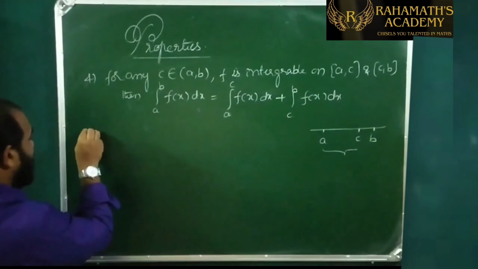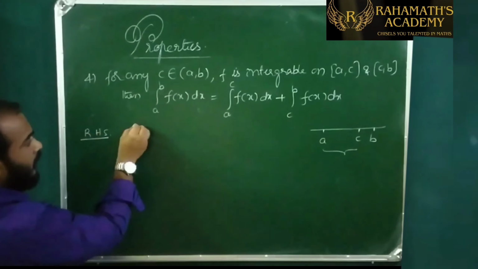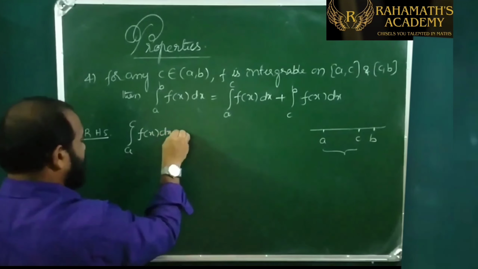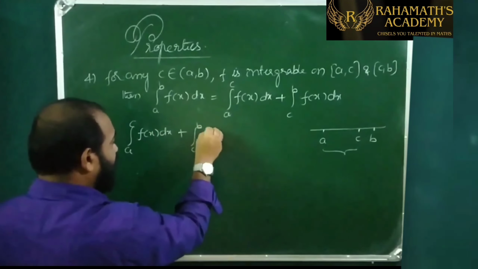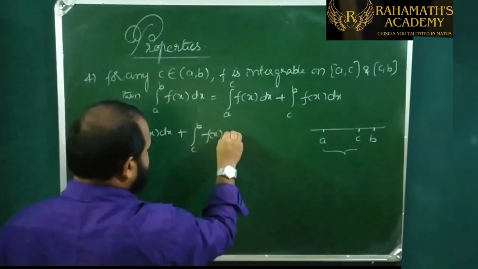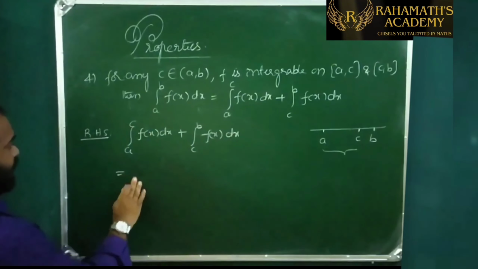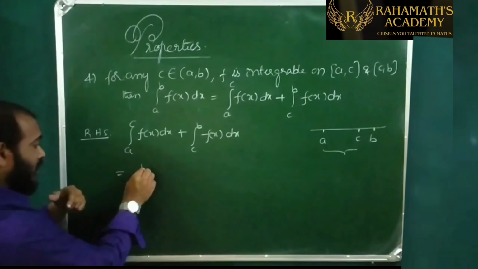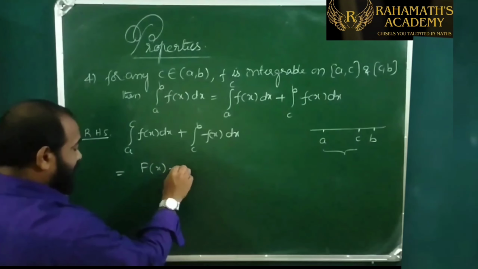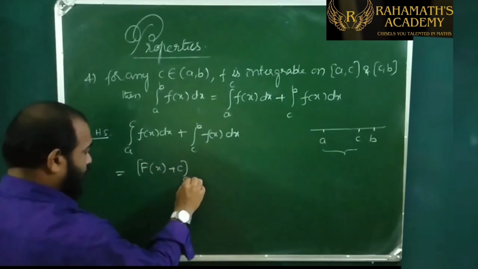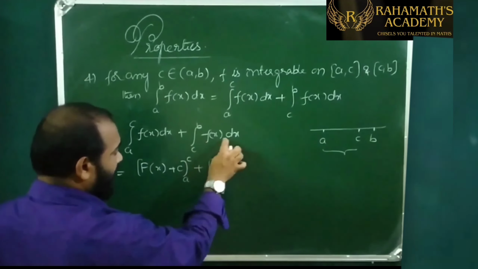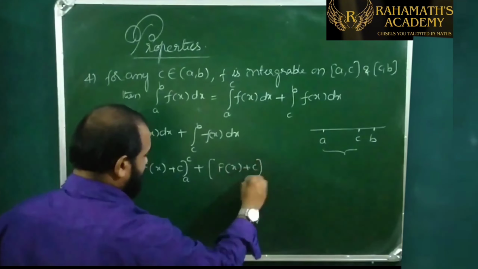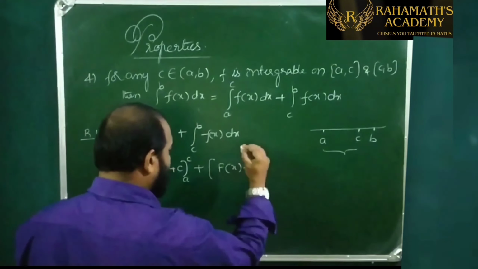So RHS, if I take integral a to c f of x dx plus integral c to b f of x dx, this is equal to integral a to c f of x dx. What is integral f of x dx? Capital F of x plus c from a to c, plus here integral f of x dx is capital F of x plus c, here c to b.